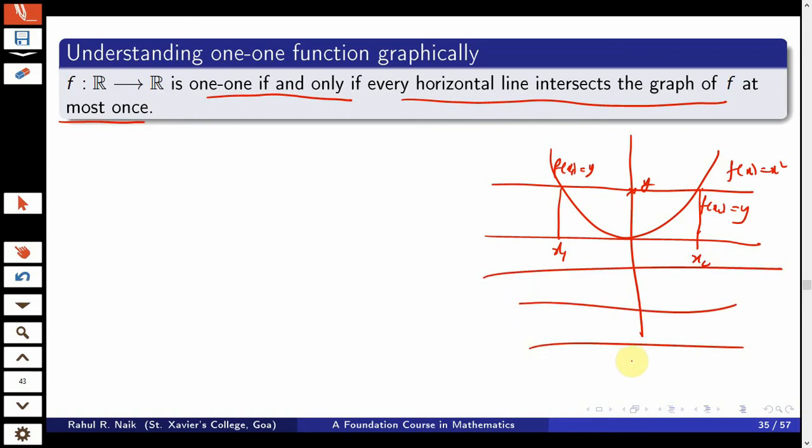In that case, that y value is never a part of the range of the given function. That is possible. So this is how we understand the 1-1 function graphically. If every horizontal line intersects the graph of the function at most once, then we say that the given function is 1-1.